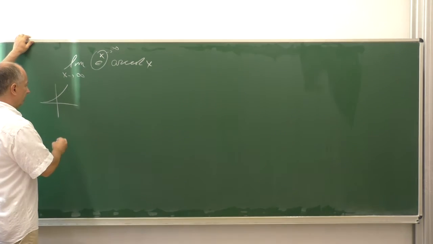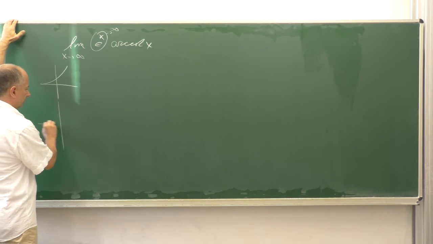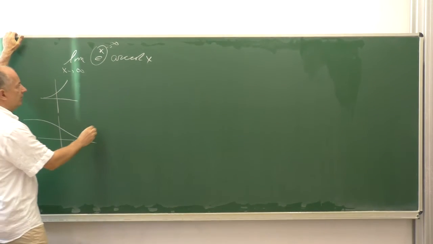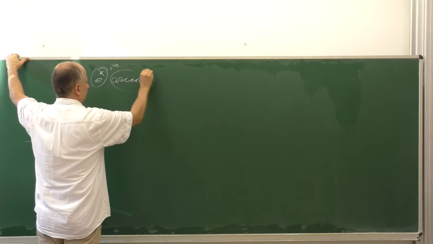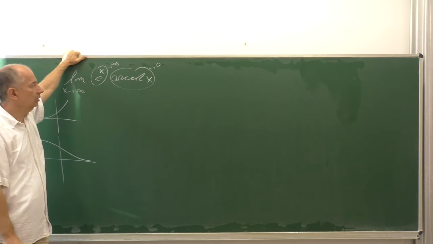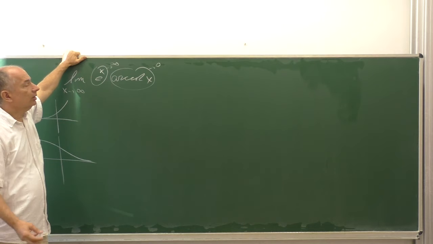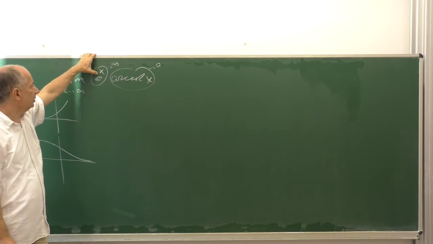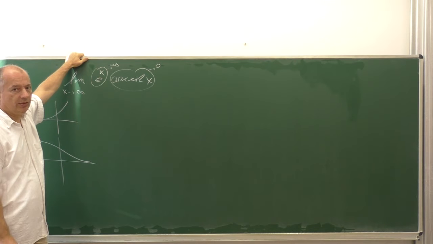And arc cotangent looks like that. So for large arguments, it goes to 0. And we have infinity times 0, which depends on who is faster, whether this goes faster to infinity than this to 0 or vice versa.